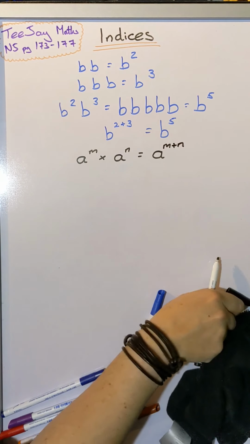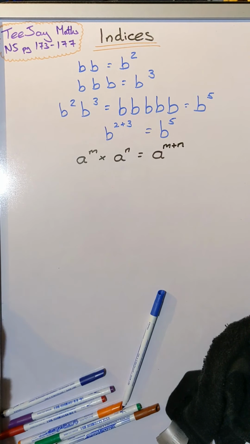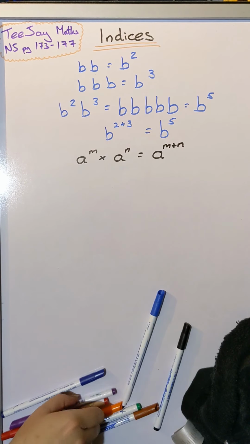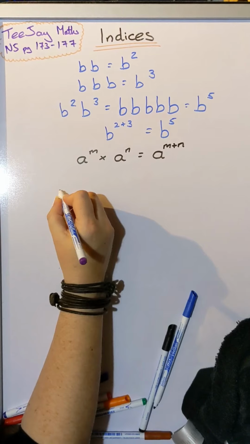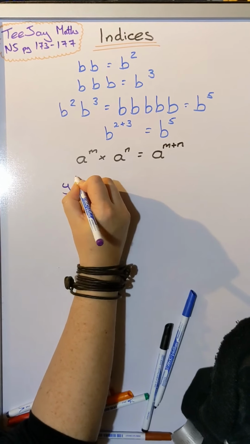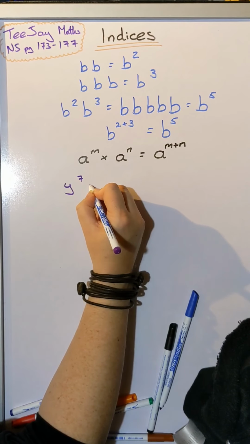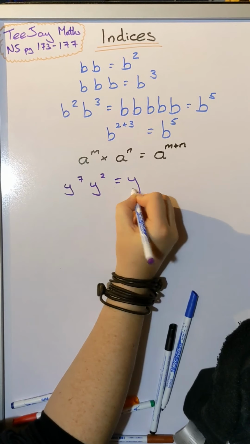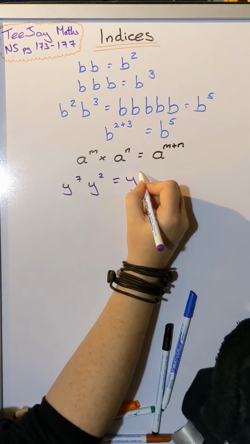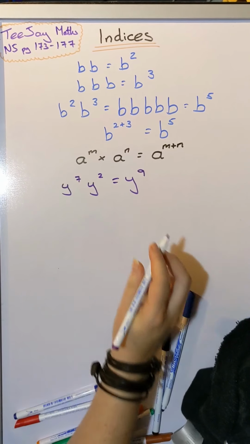So I'm going to give you an example of that. If we had y to the power 7 times y squared, we'd have y to the 7 plus 2, which is 9.